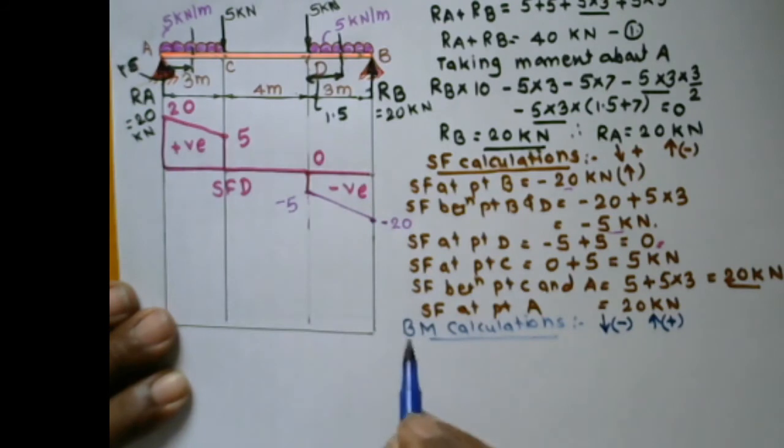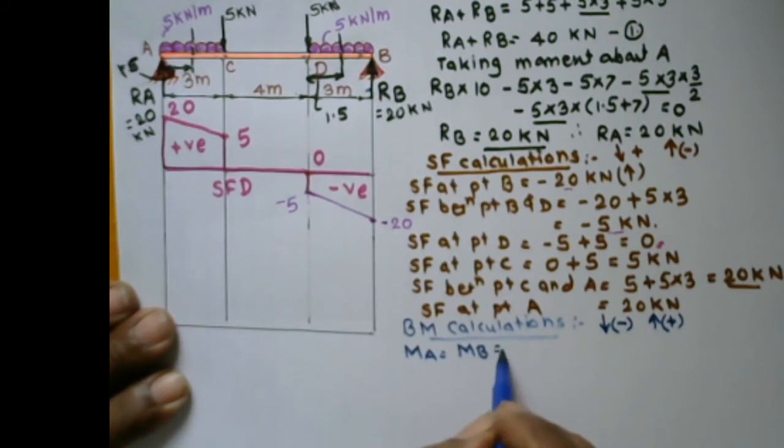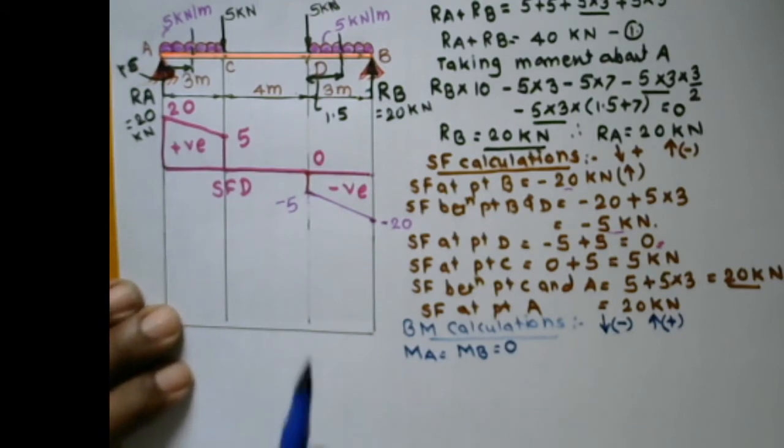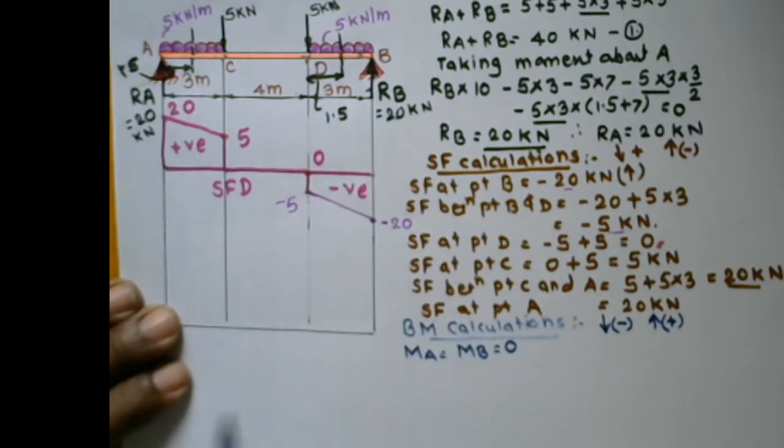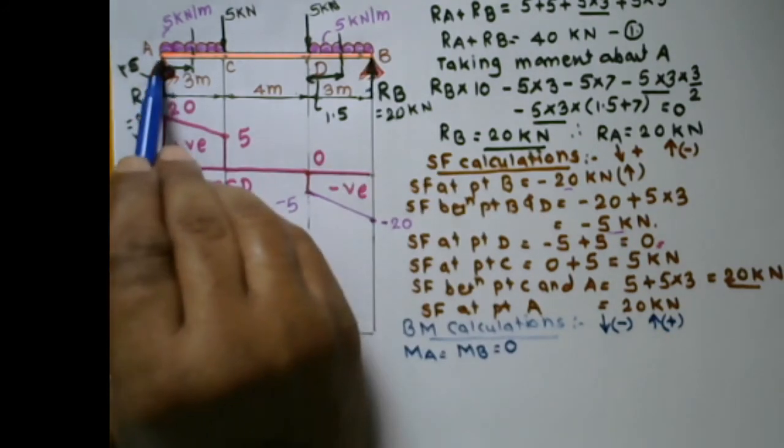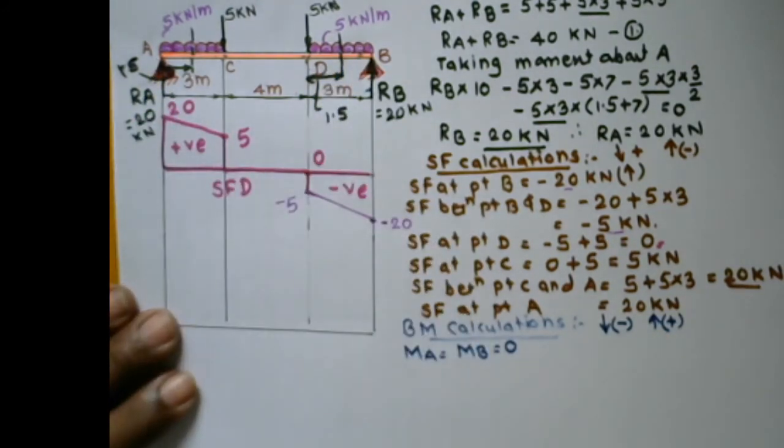So bending moment at point A and at point B is always 0, because no load is acting and distance is equal to 0. Even though there is 20 kilonewton, its distance at point B is 0. That's why bending moment at the free ends A and B is 0.